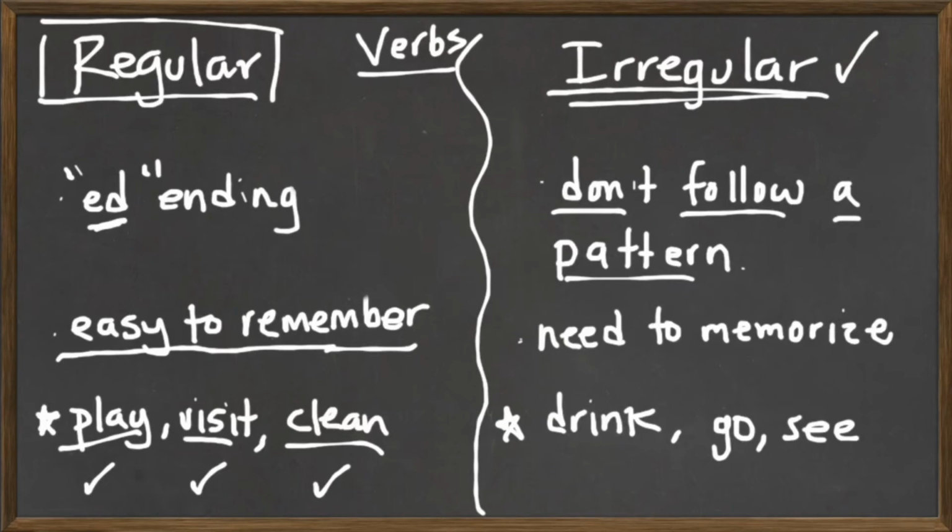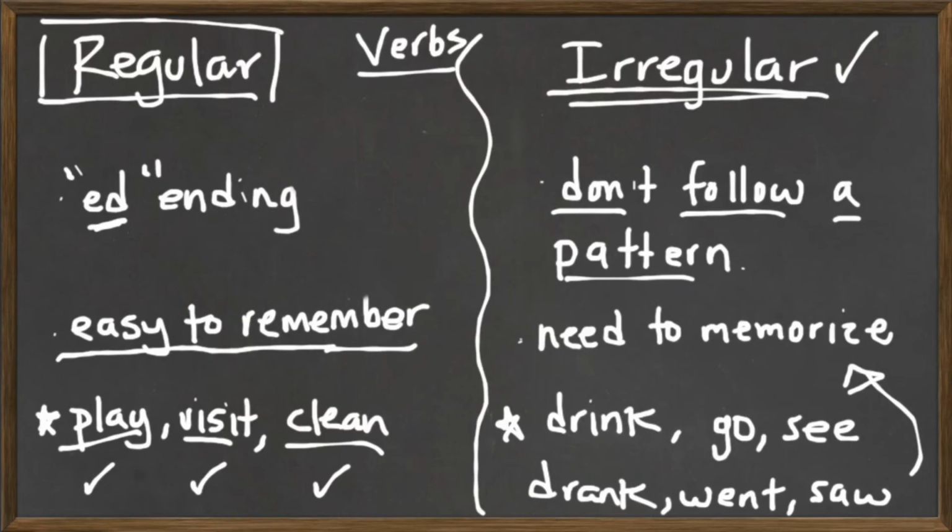For example, we have drink, and drink changes to drank. Go changes to went, and see changes to saw. Yes, this is why it is necessary to memorize them. It takes some time. You will not like this very much, but it is something that is necessary.